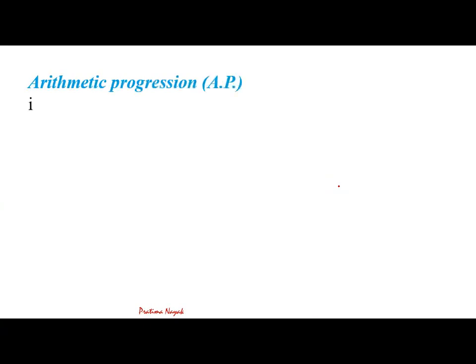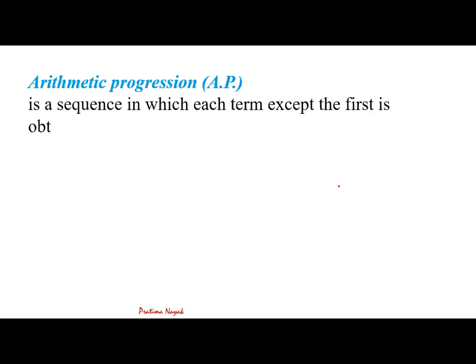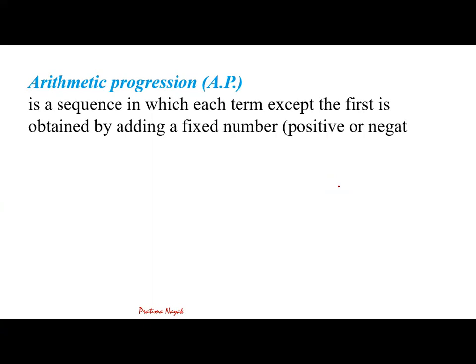Arithmetic progression is a sequence in which each term except the first is obtained by adding a fixed number, which may be positive or negative, to the preceding term.